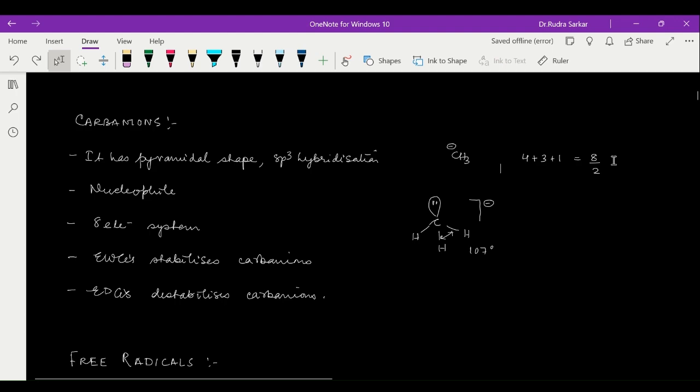Now if you use the counting again, as we do as kids, we count 1, 2, 3, 4 using our fingers.